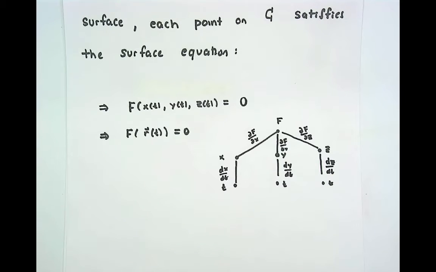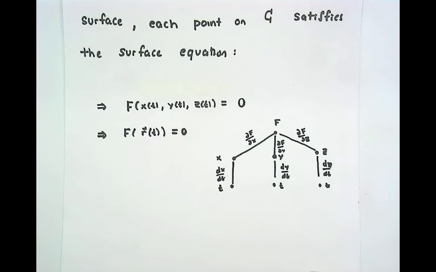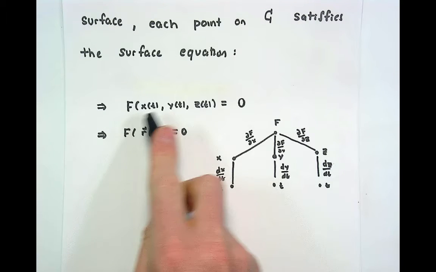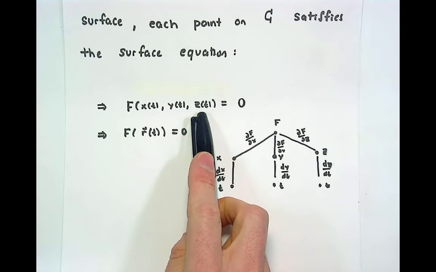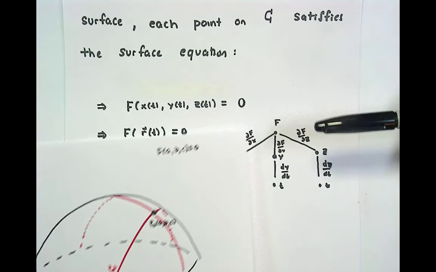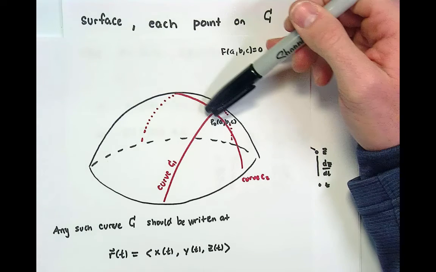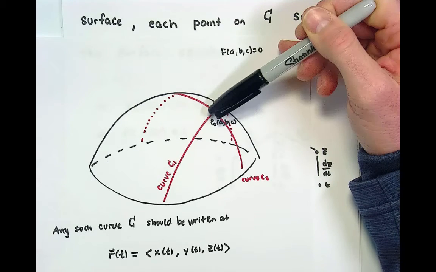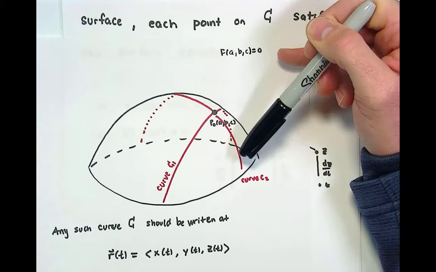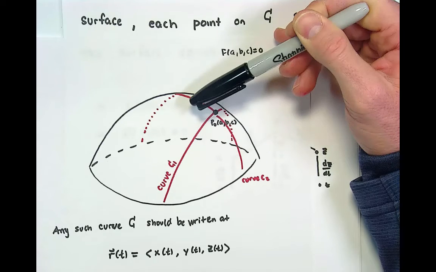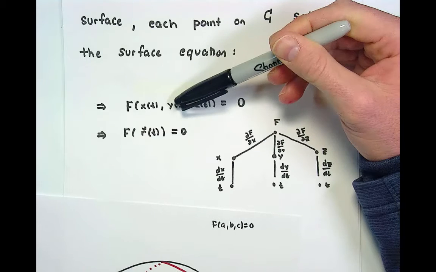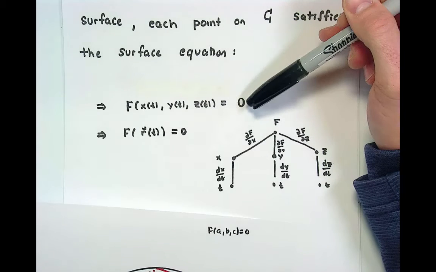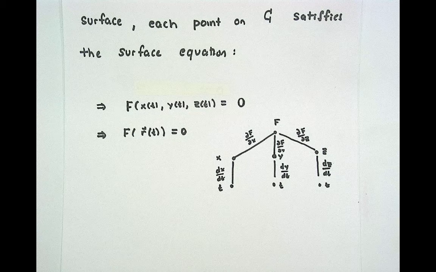And the reason that this is super useful is if we wanted to find derivatives of this particular function, remember this function right here would actually be this curve, which is quite amazing, right? This curve is in R3. This evaluates as 0 because it's on the surface.